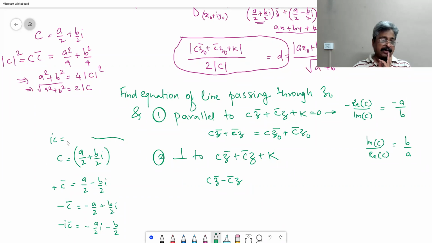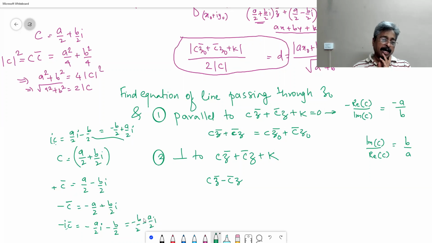i c is equal to a by 2 i minus b by 2. Okay. Now these two guys are conjugates of each other. Can you see that? This is equal to minus b by 2 plus a by 2 i, and this is equal to minus b by 2 minus a by 2 i.